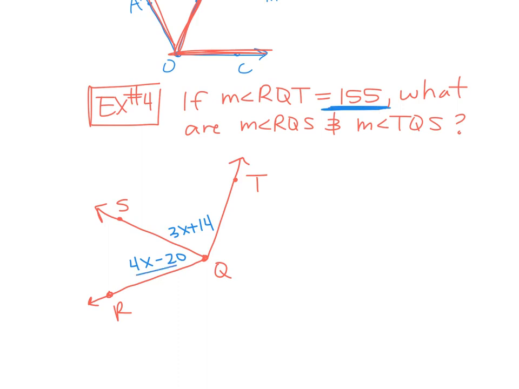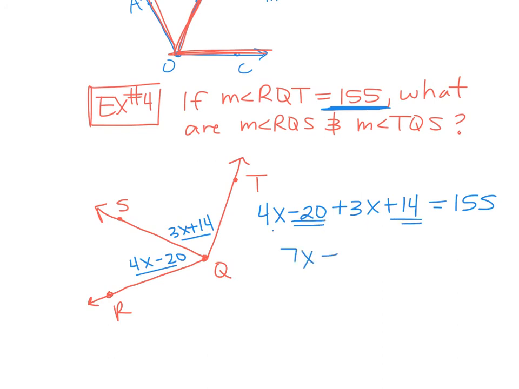We're going to take those two parts and add them together. So 4x minus 20 plus 3x plus 14 equals 155. And then algebra from there, right? So 4x plus 3x is 7x. Negative 20 plus 14 is minus 6 equals 155.